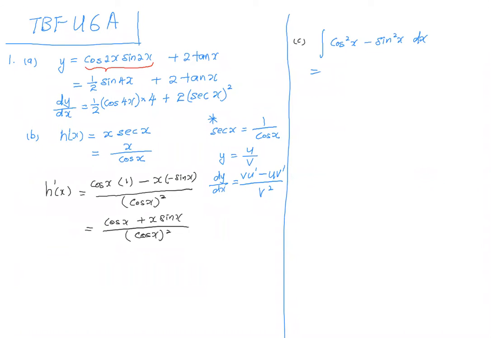Can you tell me what is the simplest form of cos square x minus sin square x? Everyone should have a formula. Yeah, it's cos 2x. You are right. So you must have the formula with you so that you won't make mistakes.